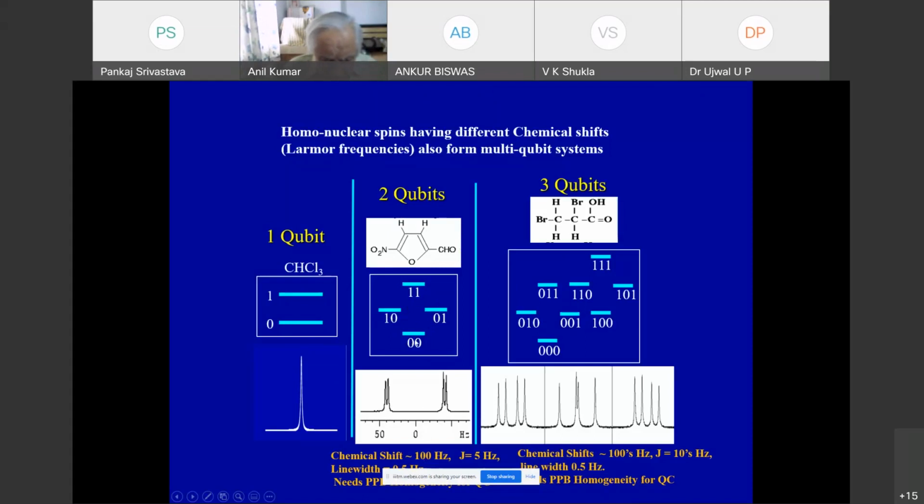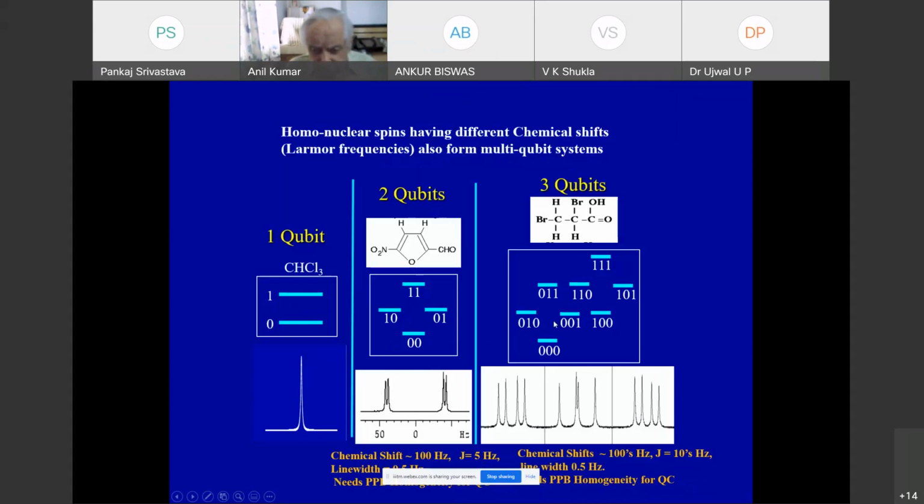This is the first spin transition, and this is the second spin transition, and the spectrum is this. This has a chemical shift of about 100 hertz, a coupling of about 5 hertz, and a line width of 0.5 hertz. And we need a high homogeneity magnet to be able to do a controlled-NOT gate on this system. I'll show you how we do the controlled-NOT, but we need to resolve these two lines to do a controlled-NOT operation. Otherwise, we'll hit both the lines, and then we can do only a NOT and not a controlled-NOT.